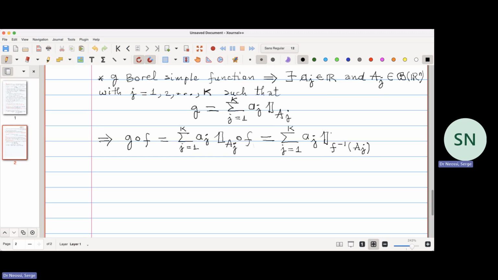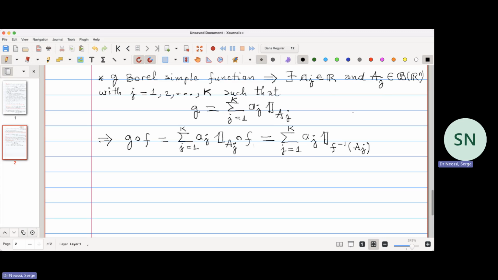This will give us a definition of a simple function, because in the definition of a simple function, the set of which the indicator function is of should be measurable.